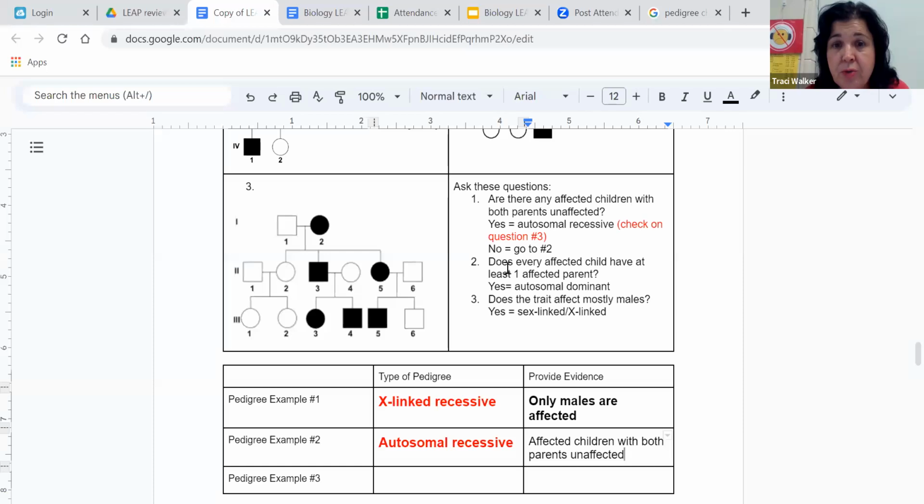So I go to number 2. The question is, does every affected child have at least one affected parent? Yes.